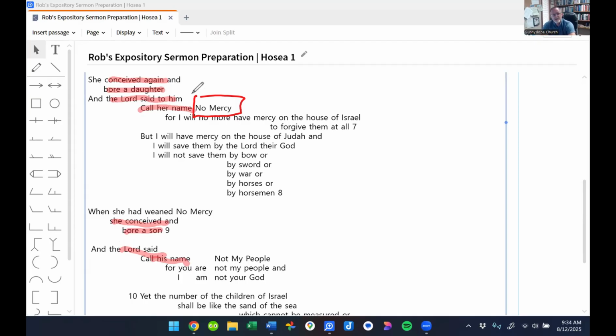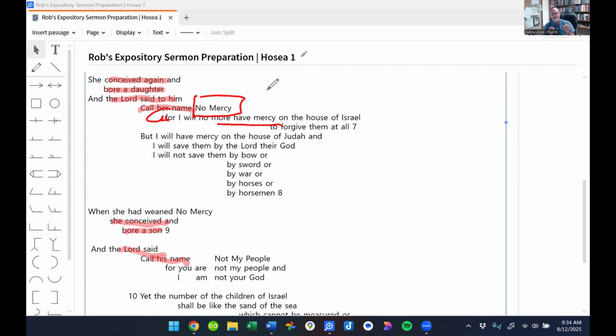I've known kids named Mercy, but I've never known a kid named No Mercy, and yet here we are. And again, there's that explanation given for I will no more have mercy on the house of Israel. In other words, the name of this first child is to represent the end of God's mercy. God had been withholding what his people had deserved, but that time is going to stop.